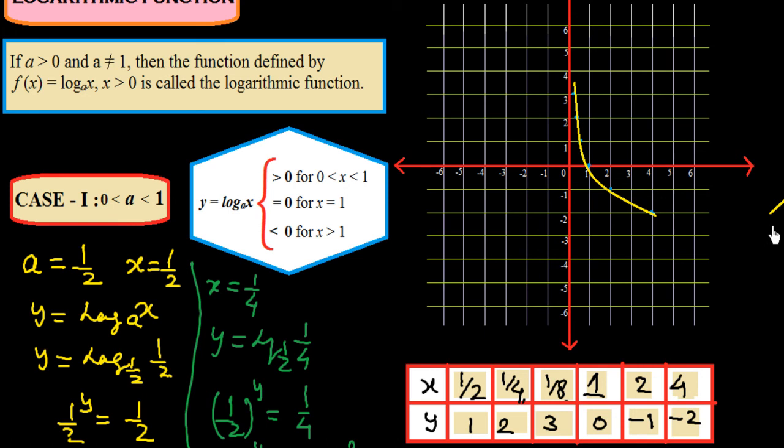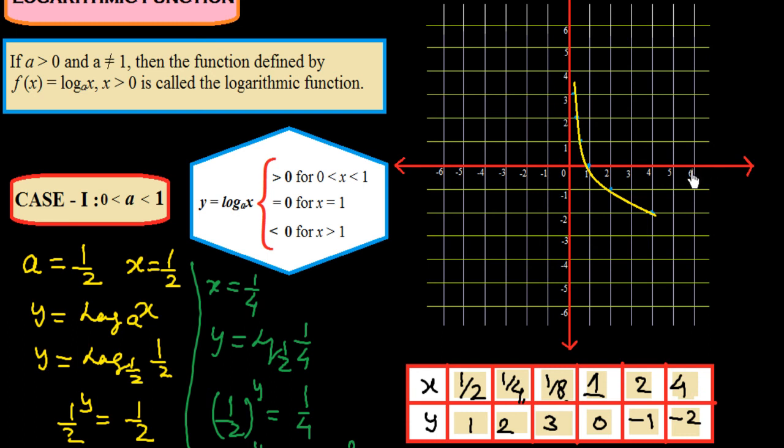Here you see the range and domain for this. The domain is between 0 and infinity, because it does not touch the y-axis. Between 0 and infinity is the right side of the y-axis.